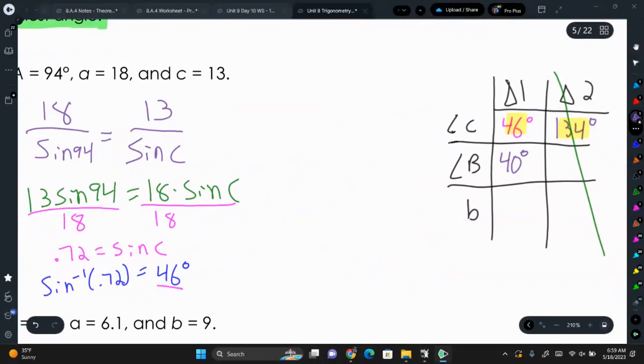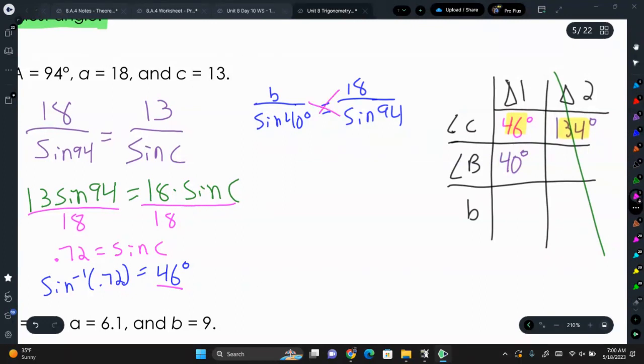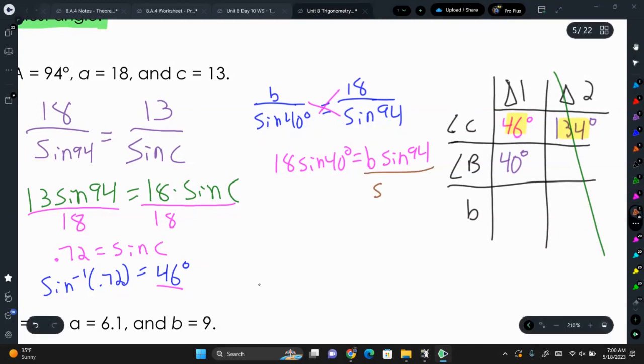Now we can find side B, as we have B over the sine of 40 degrees equals, using the information that was given to us, 18 over the sine of 94. Let me cross multiply. We have 18 times the sine of 40 degrees equals B times the sine of 94. Then, like we did yesterday, divide both sides by the sine of 94.